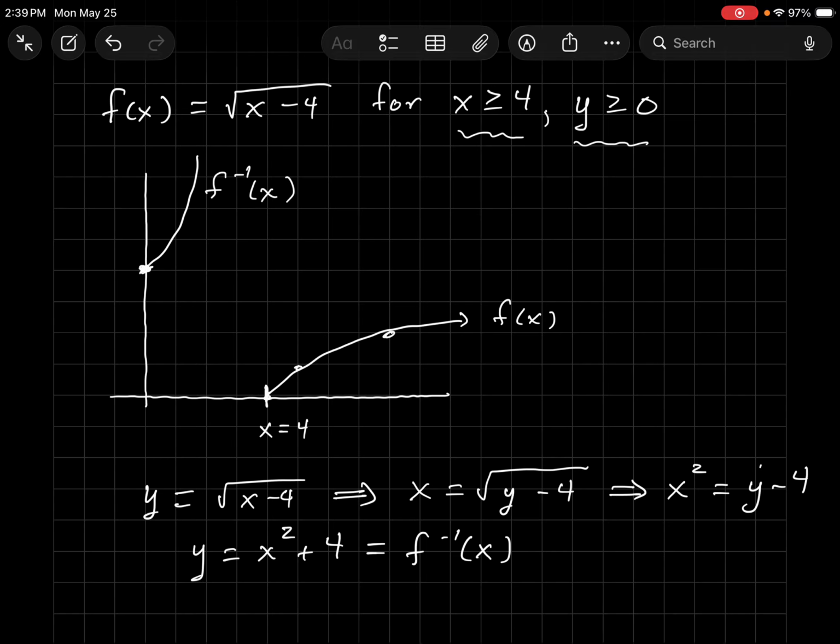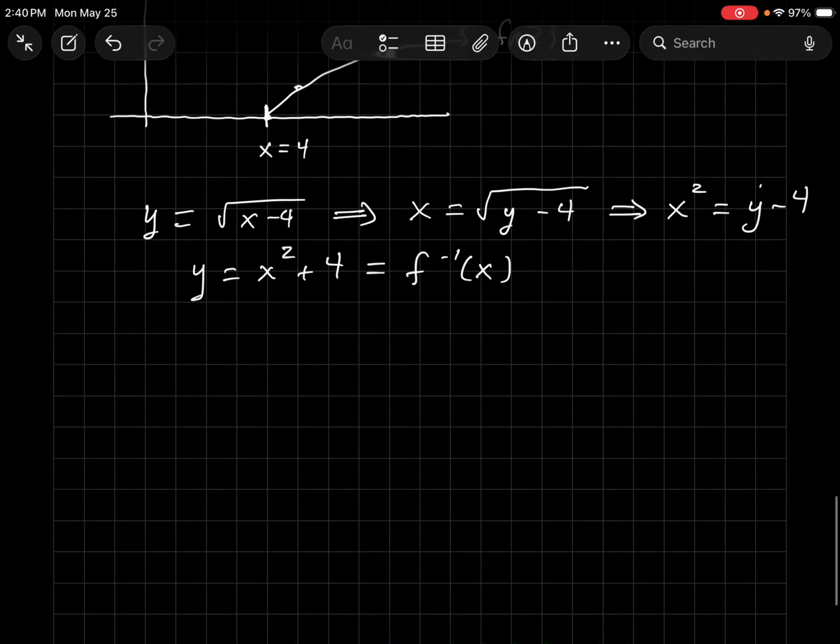For the inverse, y is greater than or equal to 4, and x is greater than or equal to 0. So not only did the y's and the x's change, but our domain and range changed as well, which shouldn't be a surprise considering that the domain is the x or inputs and the range is the y or outputs.